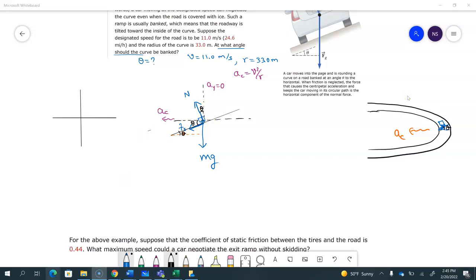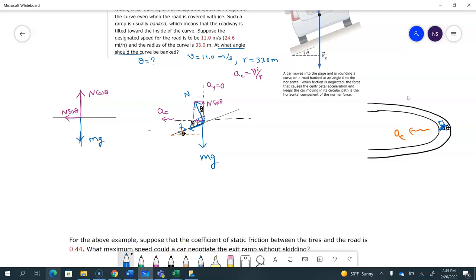So that helps me break up the normal force and the friction into components. If I take the components of the normal force, I have n cosine theta and n sine theta. This adjacent side here would be n cosine theta, and then I have this to be n sine theta. It's getting crowded here, so let me draw it here. So my n cosine theta is this way, and my n sine theta is this way, and the weight of the car is downward, that's mg.